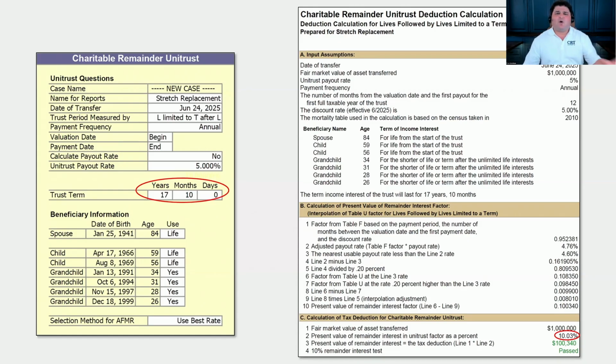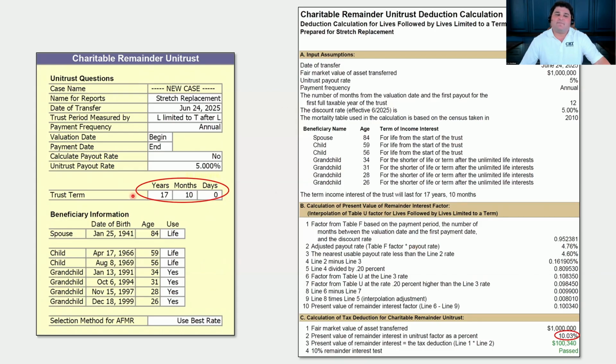What I want to do is show, for Family B here, exactly how this 10% remainder test works and how we determine what that maximum term is for those grandkids. Many of you are probably familiar with Lee Hoffman. This is his software.